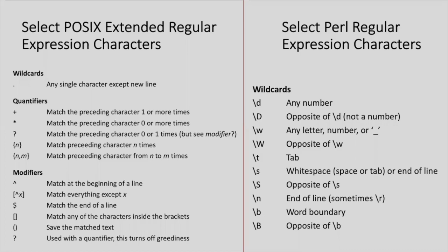gedit supports Perl regular expressions, and since those are an extension of POSIX extended regular expressions, we have access to all of the wildcard characters on this slide that we looked at in the previous video that introduced regular expressions. For this search, we'll use the caret and square brackets as modifiers, and also the star and plus as quantifiers.